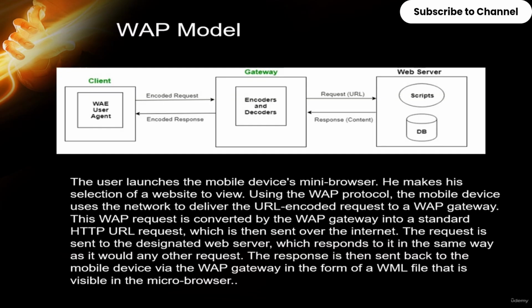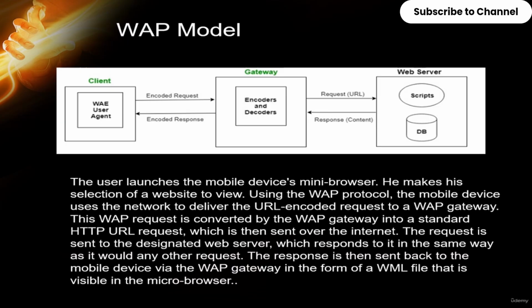Now we will see the web model. In this model, we have a client, a web server, and a gateway. Whenever the user opens a mini browser, he views the website. This is done with the help of the web protocol in mobile devices, and a URL encoded request is given to a web gateway.